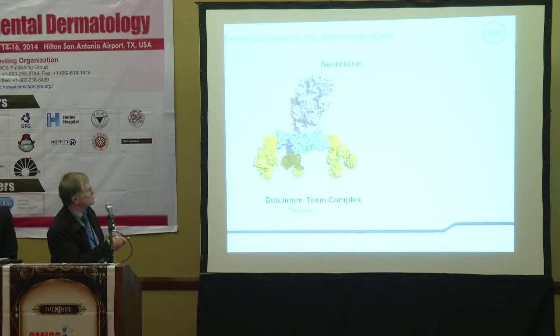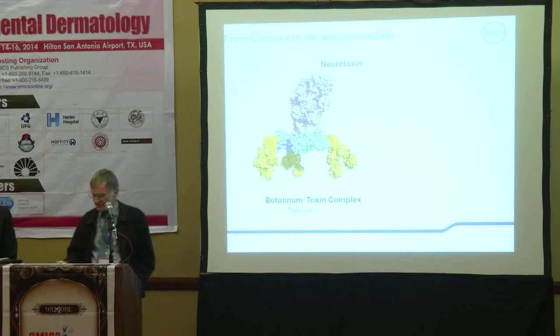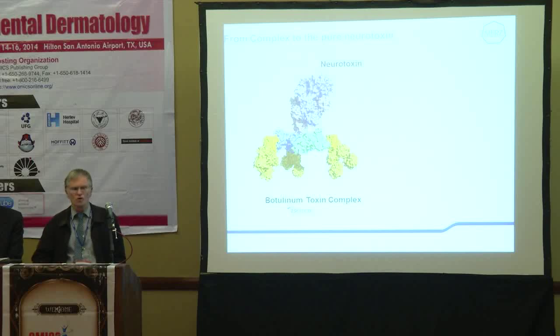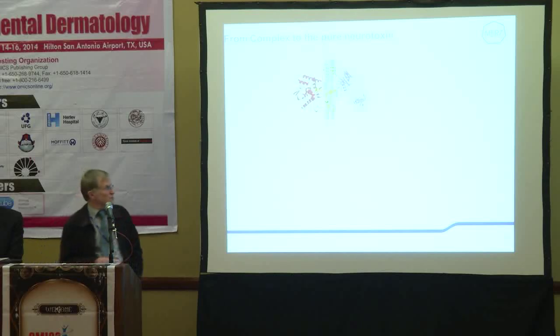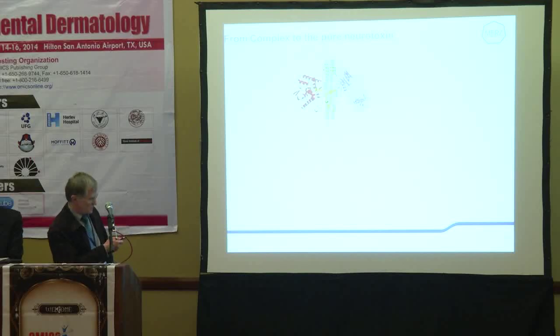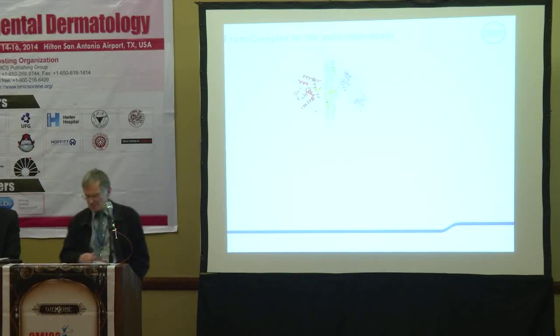These are all the complexing proteins, and this part only represents the neurotoxin. So what we did was remove all the complexing proteins and end up with a pure neurotoxin. And this shows you the crystallographic structure of the neurotoxin with different domains. For example, this is a binding domain, this is the translocation domain, and in this part is the enzymatic activity.